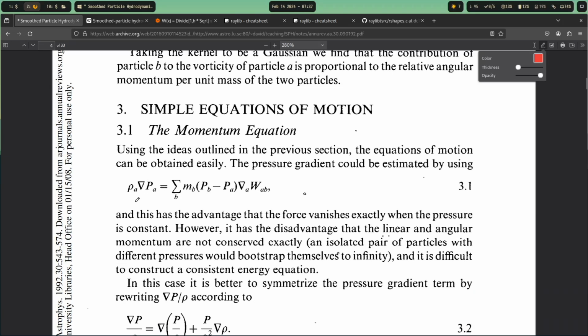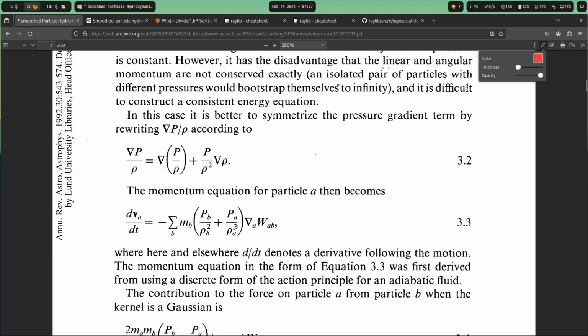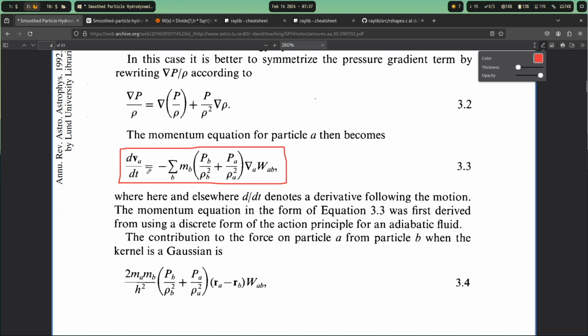But what we are interested in now basically is to get something related to pressure maybe, because we have this thing right here, which is like the momentum, which is the acceleration basically. It's the derivative of the speed, which is acceleration. So this gives us how much force we need to apply on a particle based on the other particles, and for that we need the pressure.